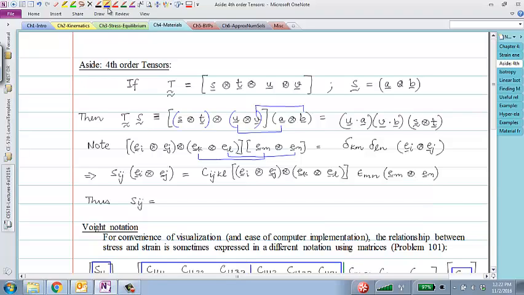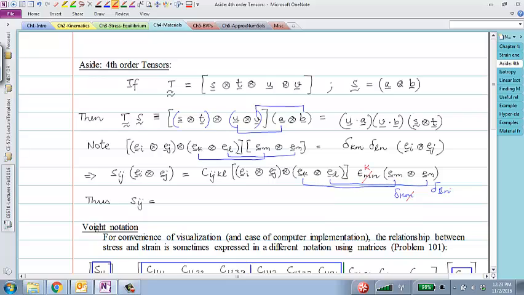What I get is el dot with en, that was delta ln, ek dot with em, that's delta km, and I'll contract out this m with this m and replace it with k.